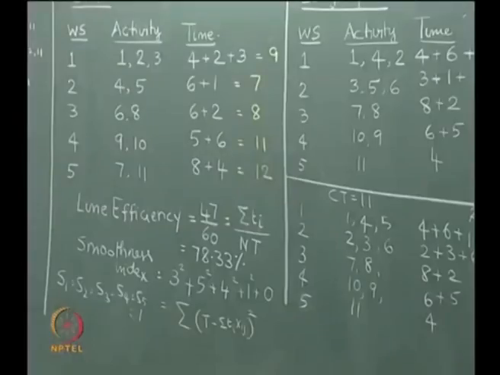So 5 workstations, and I will have X11, X21, X31, X42, X52, X63, X83, X94, X104, X75, X115 equal to 1. That will be the solution when we map it to this.